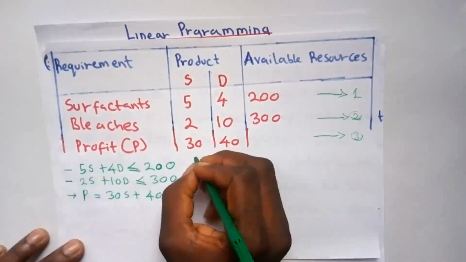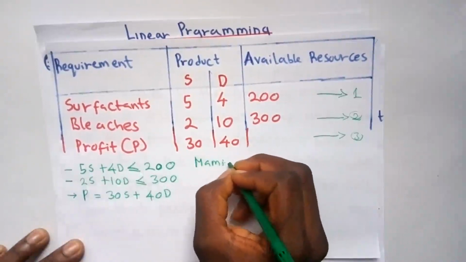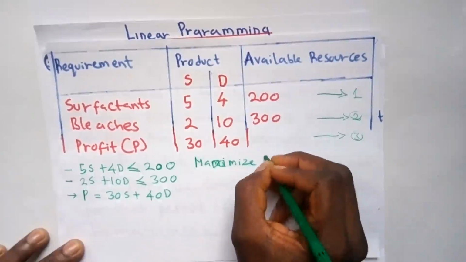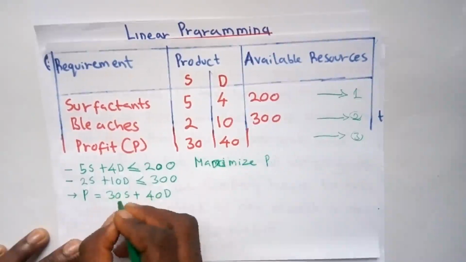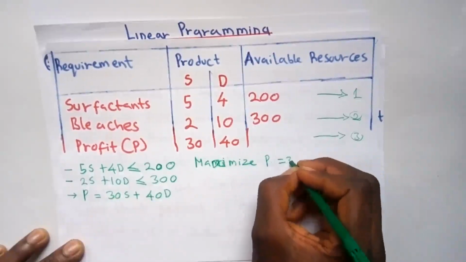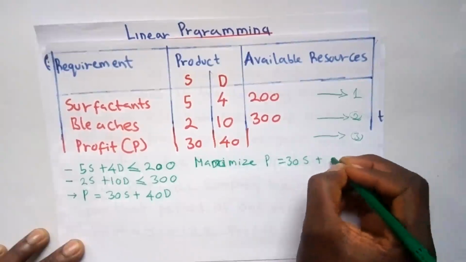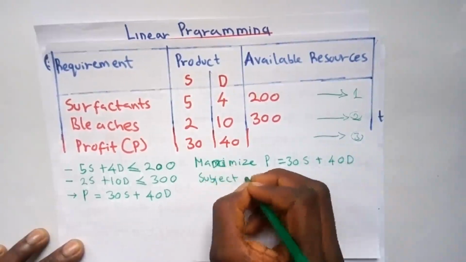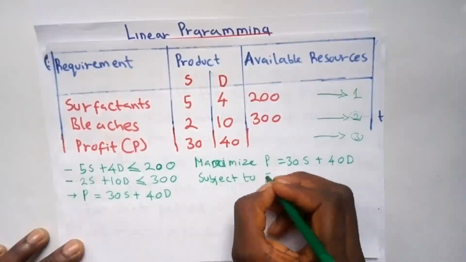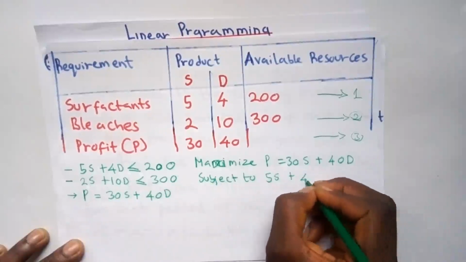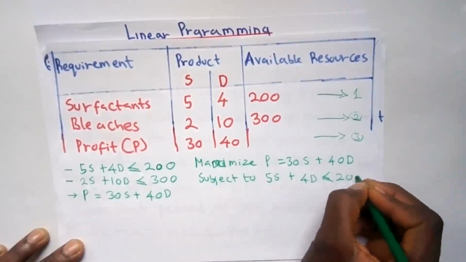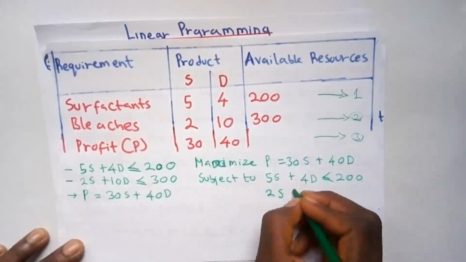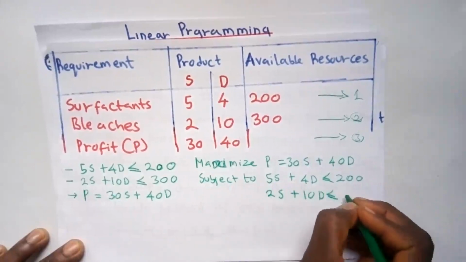Let's write this in this format. Maximize P, which is the profit, equal to 30s plus 40d. 30s, which represents the soap, plus 40d, which represents the detergent, subject to the equation of the first constraint, 5s plus 4d is less or equal to 200 units, which is available for production, and the equation of the second constraint, 2s plus 10d is less or equal to 300.